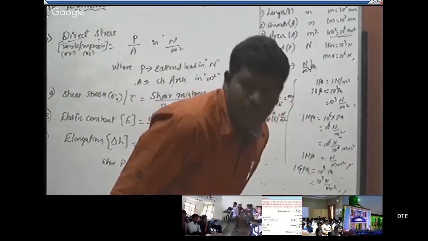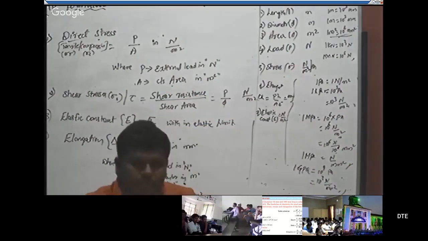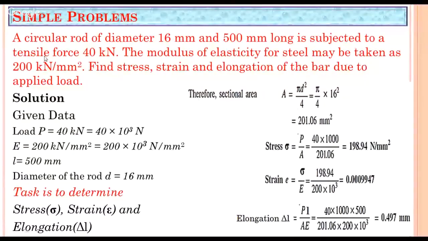Okay, so let's take a look at this particular data they have given in finding the direct stresses. A circular rod of diameter 16 mm and 500 mm long is subjected to a tensile force of 40 kilonewton. The modulus of elasticity for steel may be taken as 200 kilonewton per millimeter square.